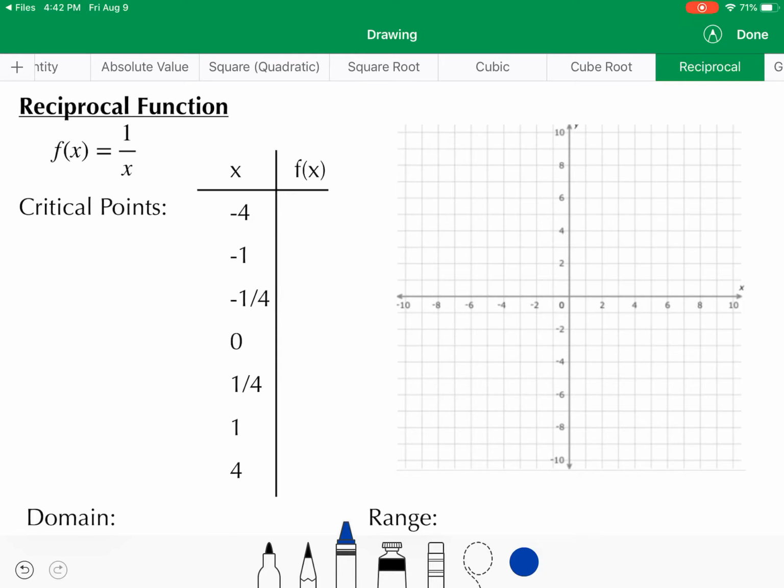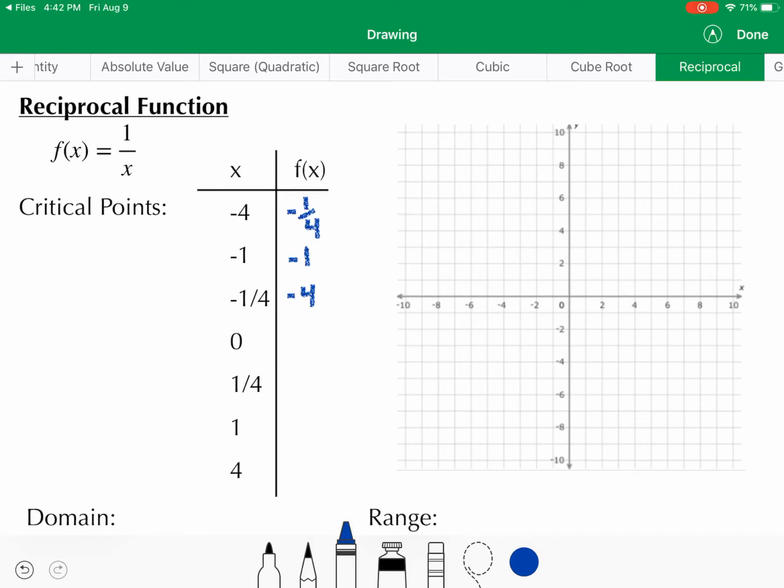So f of -4 would result in -1/4. Okay, notice that y value is the reciprocal of the x value. That's why we're referring to this as the reciprocal function. F of -1 would be -1. F of -1/4 would be -4.